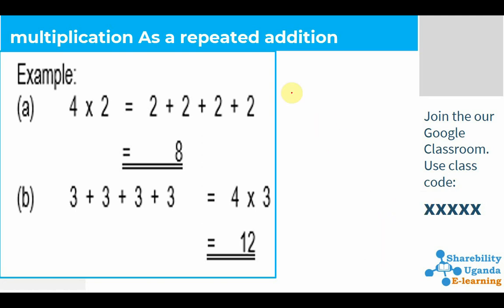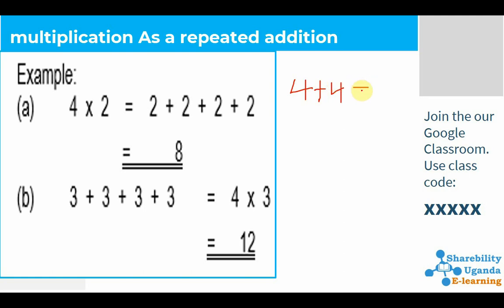More examples and more points of understanding. We can also say it is 4 times 2. If we say 4 plus 4, 2 times, this is a 4 one time, this is a 4 the second time.